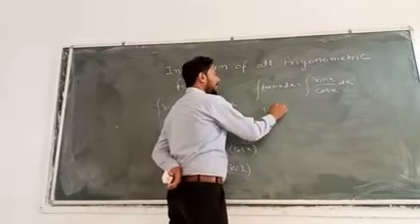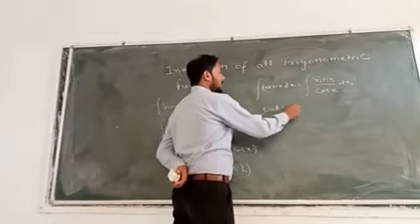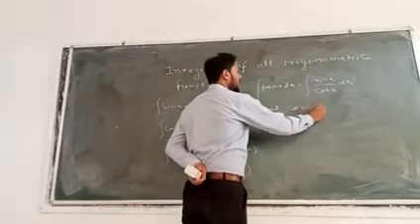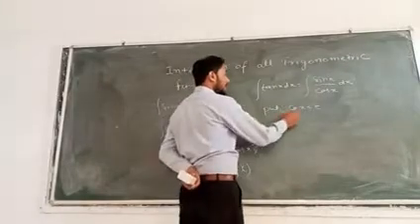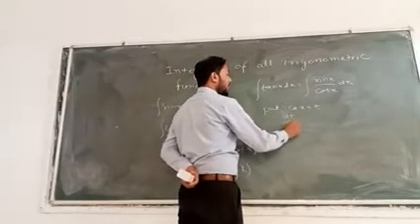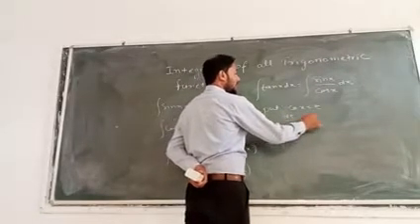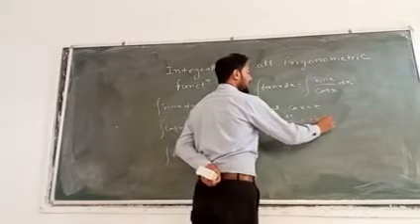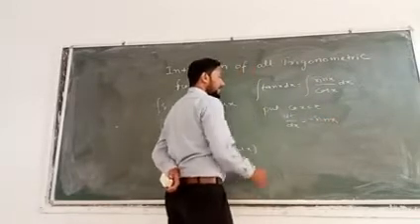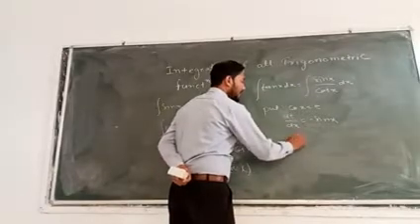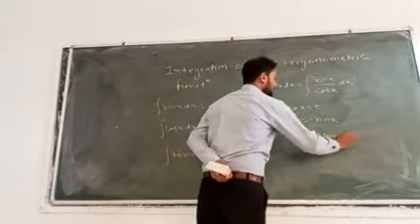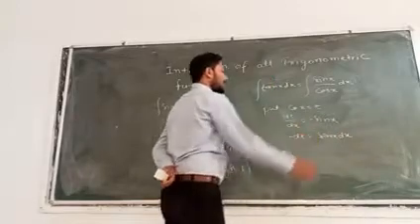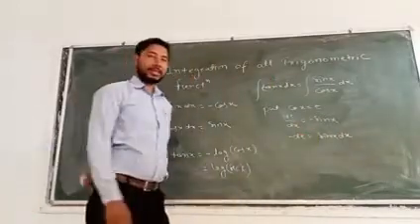Now putting cos x equal to t, differentiating both sides with respect to x, we find dt upon dx is equal to minus sin x. That means minus dt is equal to sin x dx.